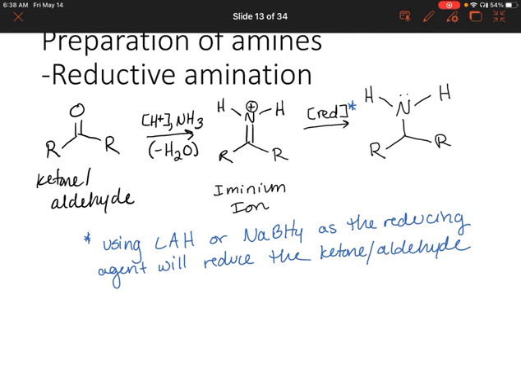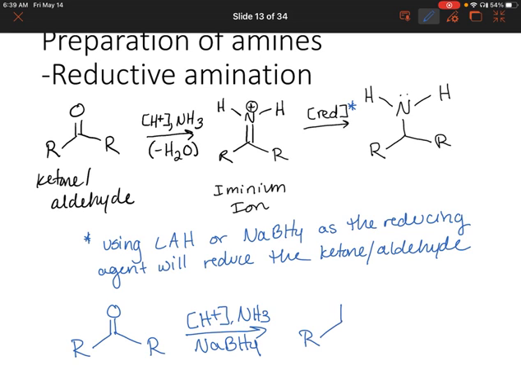So we need something different. So let's just write down here that if we do use, let's say, sodium borohydride as part of our reaction, we're going to end up with an alcohol. And we're trying to create an amine, right?